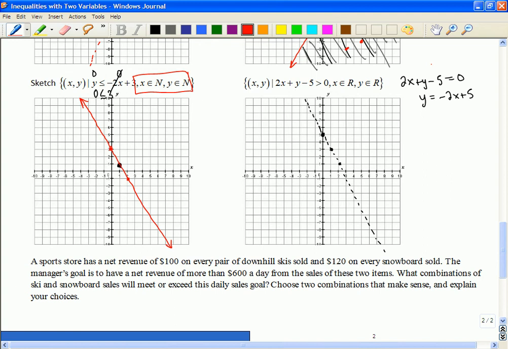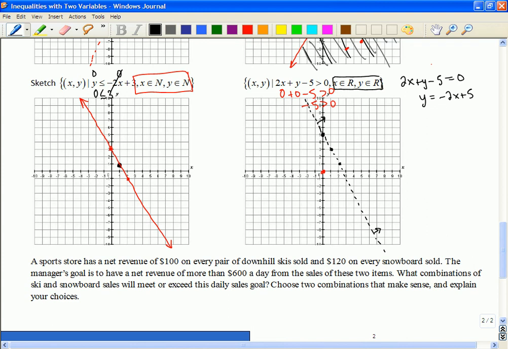This one says we need to test a point, so my favorite one is available. So 0 plus 0 minus 5, is that greater than 0? Well, -5 is not greater than 0, so it's going to be on the other side. So if it's going to be somewhere on the other side, you can just do this for your rough work and then say it has to be real numbers.